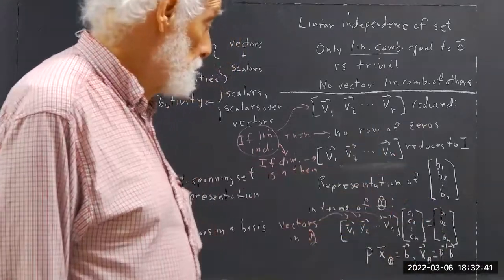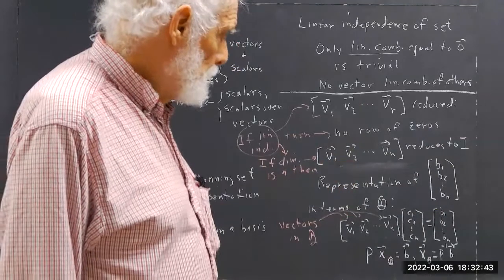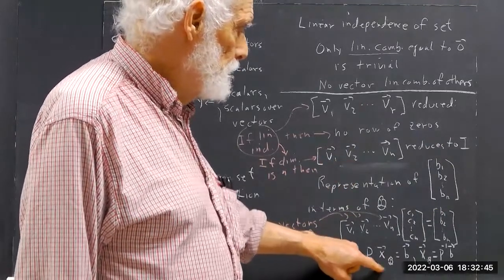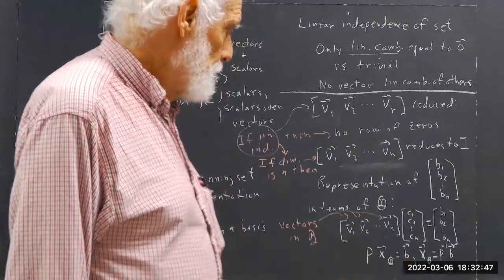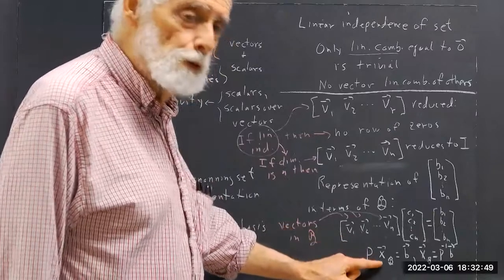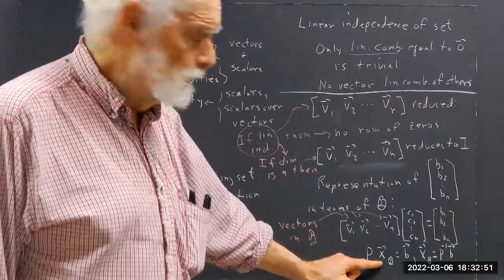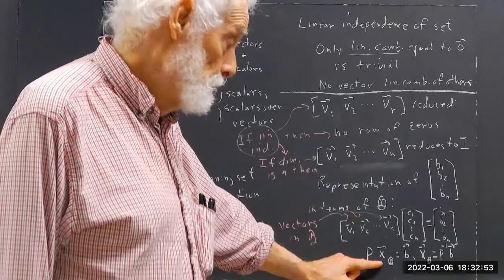And that's the representation. And we represent that as P XB equals the V vector. XB is the representation in terms of the matrix B, capital B.